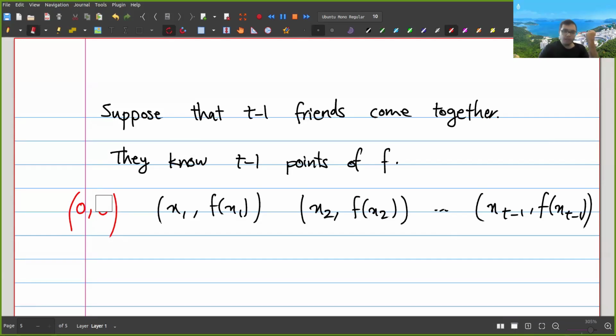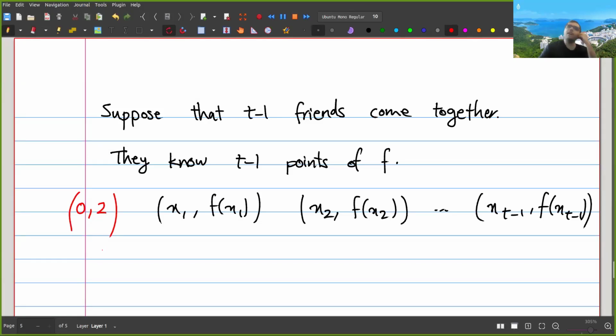But if I look at the point 0, 1 with the points that these friends know, this is also giving me t points. So there is also a unique polynomial that goes through this. So if I had chosen that polynomial, my secret would be 1. You see the pattern here. If I use 2, that's the same thing.